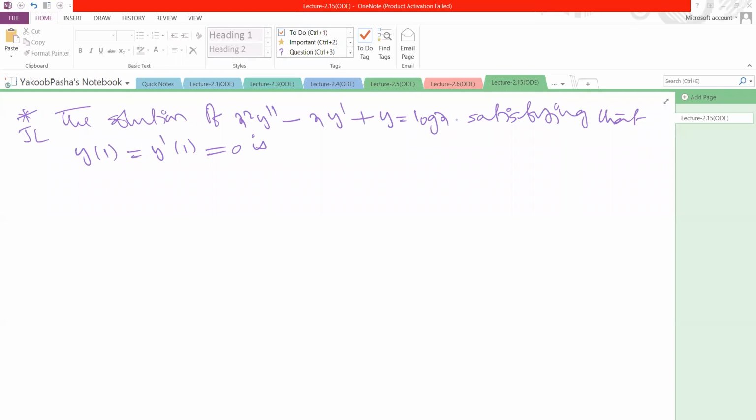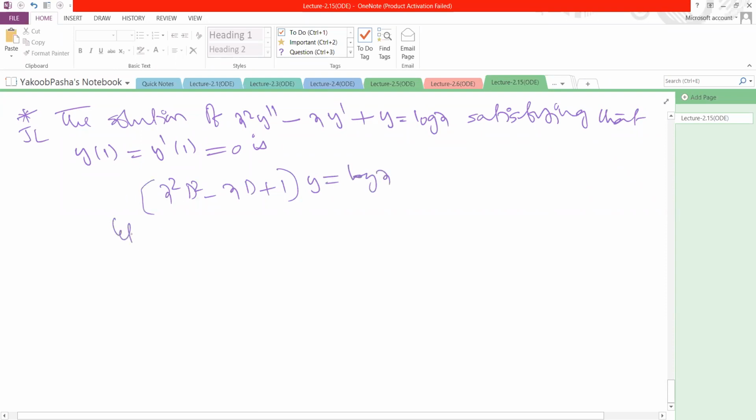First, you can write the given equation in operator form: x square d square minus x into d plus 1 into y is equal to log x. Clearly, it is a Cauchy-Euler equation. Let us take x is equal to e power z, then z is equal to log x.